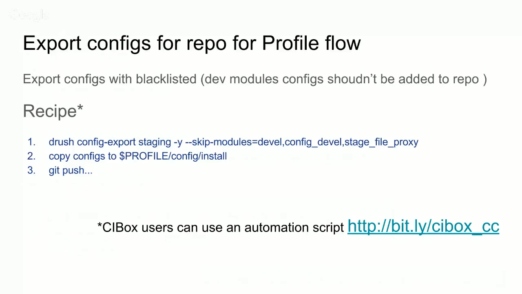The next step is to copy those configs to profile name config install, and after that you can reinstall your site or git push all the configs to the repo for next usage.